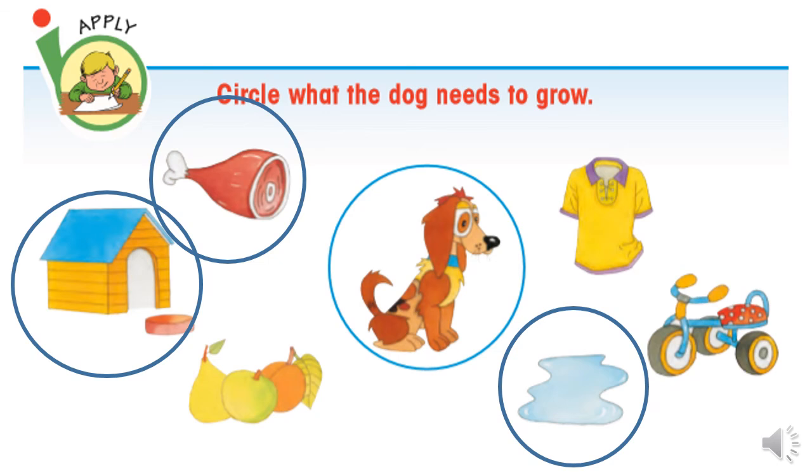So, all the animals need water, food, air, and shelter. These are what animals need in order to grow. They don't need a t-shirt or toys, games, or, for some animals, fruits to live.